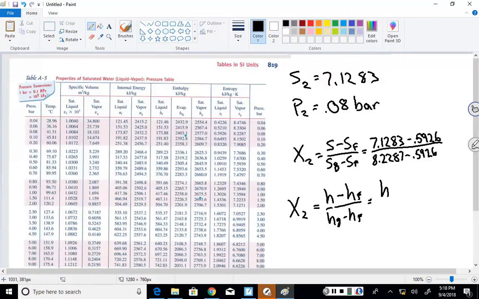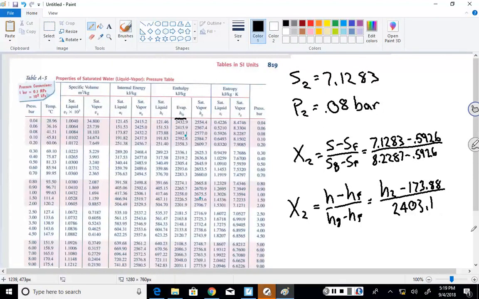And so I get that H2 minus HF, in this case at 0.08, HF is 173.88, divided by HG minus HF, which is also called HFG, so I can use that if I want. I can do 2577 minus 173.88, or that value would be 2403.1.